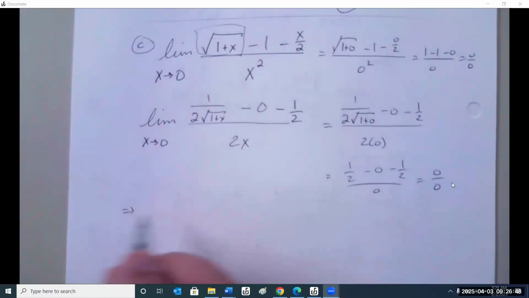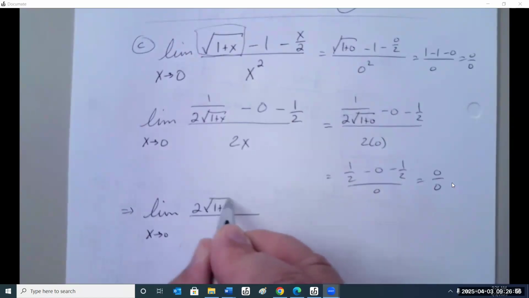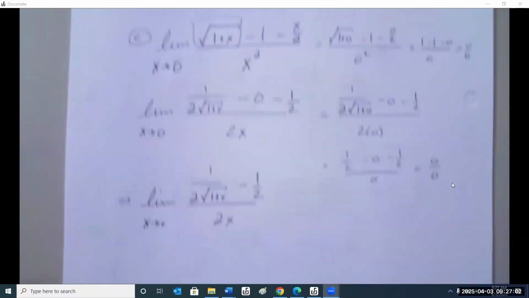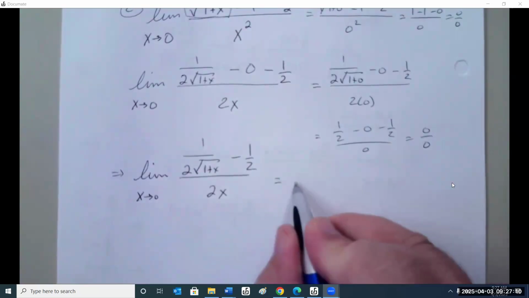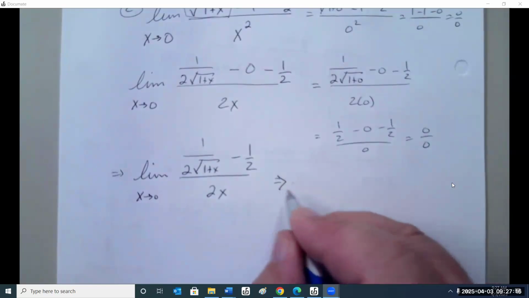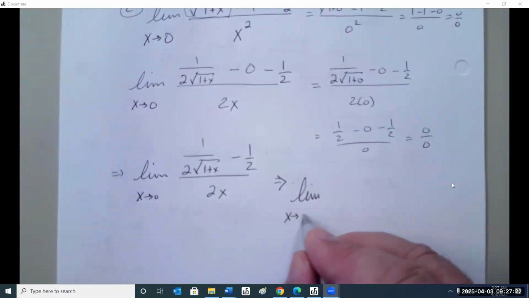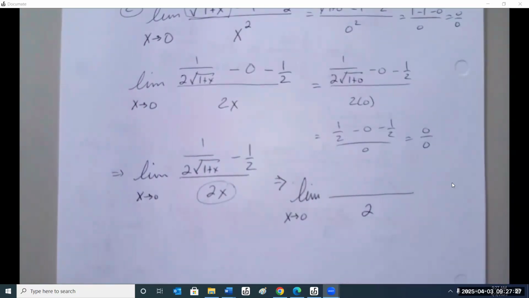So now our function is 1 over 2 square root of 1 plus x minus 1/2 over 2x. The derivative of 2x is 2 on the bottom.